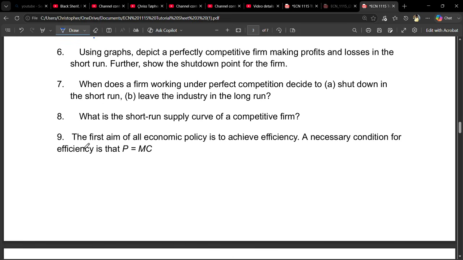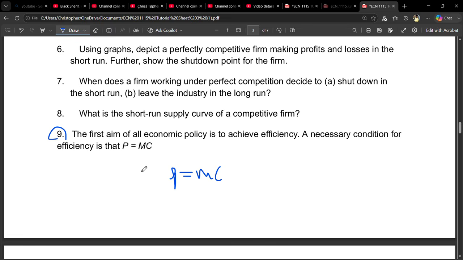Okay, question 9 by the way. The first aim of all economic policy is to achieve efficiency. A necessary condition for efficiency is that price is equal to marginal cost, that is under perfect competition.